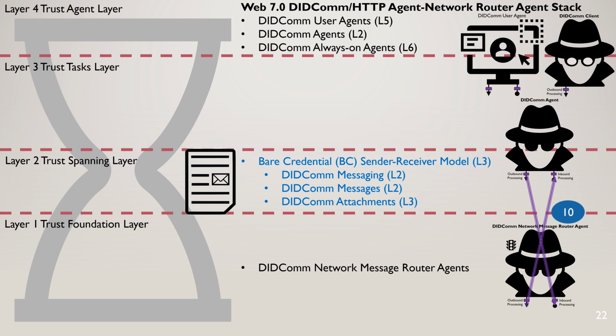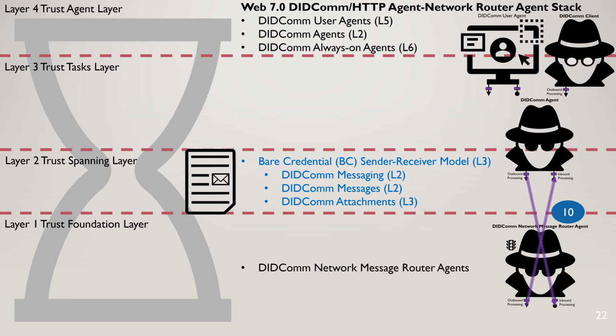This is an agent talking to a DIDComm network router agent. At the bottom with the little traffic light, that's the DIDComm network message router agent. That's how we define it using DIDComm notation.